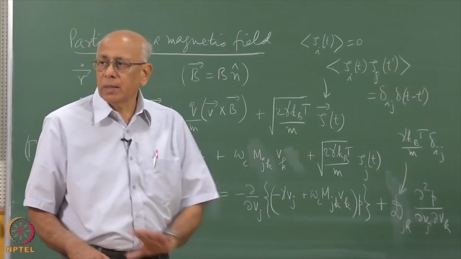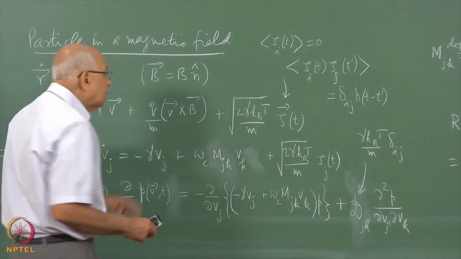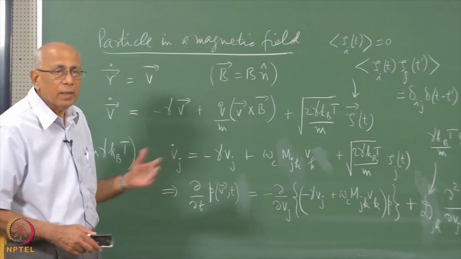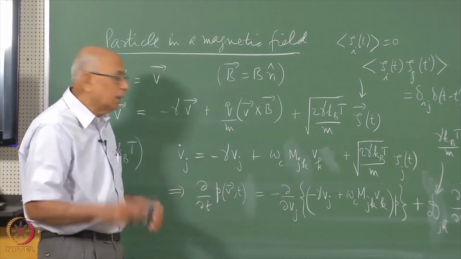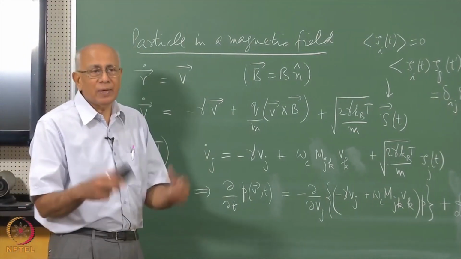So that part is quite straightforward. Okay. The next question is, what is the phase space density going to look like, rho of r comma v? Well, now it is a little more intricate. You have a 6-dimensional phase space.